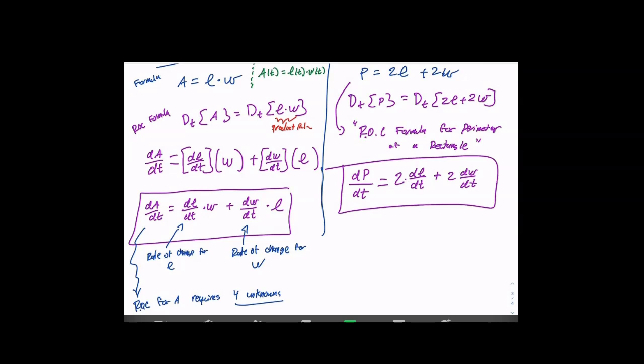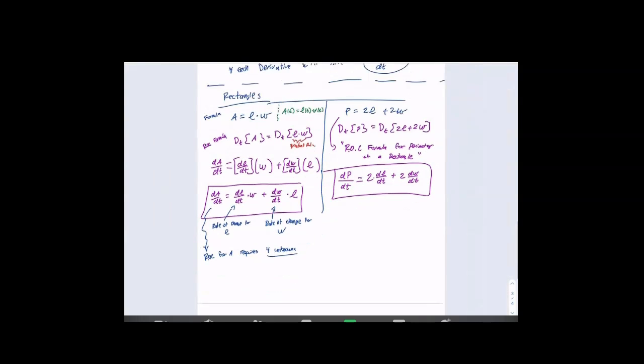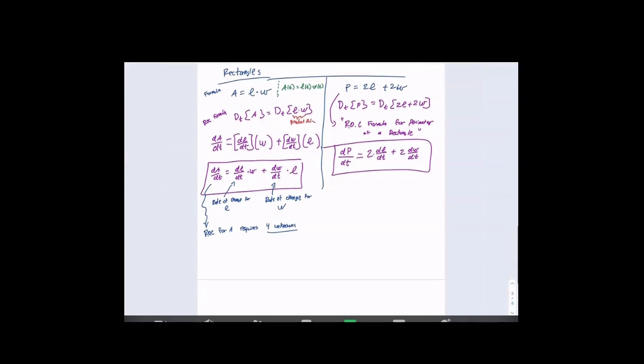The way that perimeter changes is not based on those. It's only based on the rate of change for length and width. While area does matter. Area does require you to know what the actual length and the actual width are on top of their rates of change. Okay. Questions?